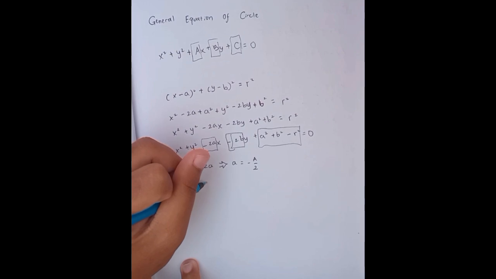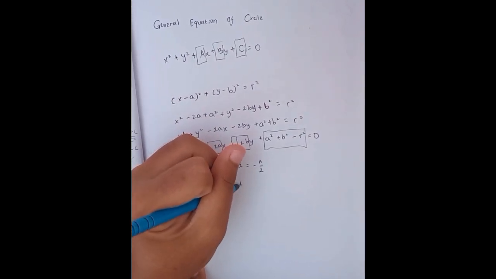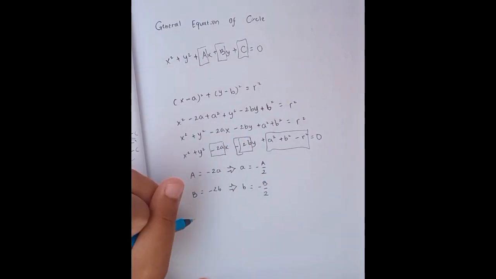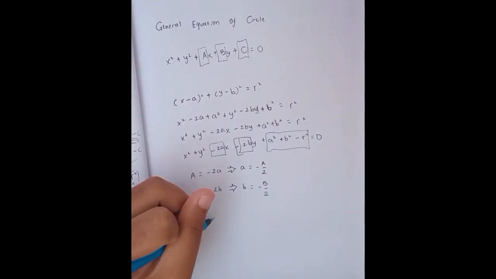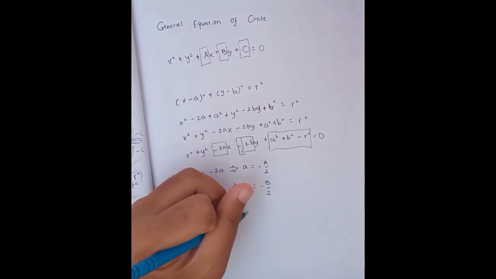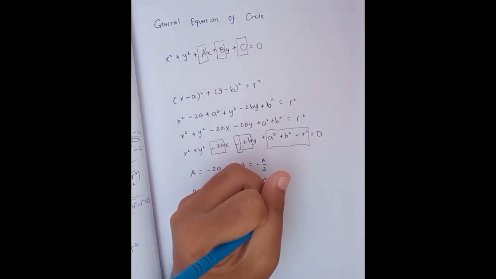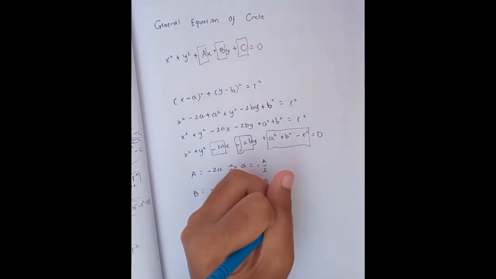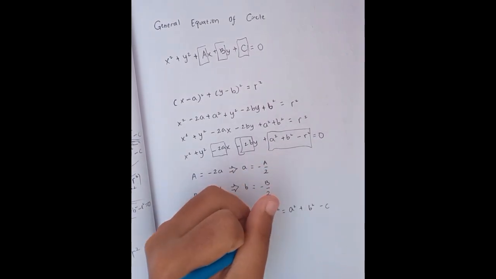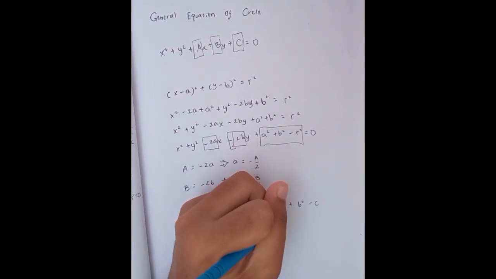So that a equals minus a over 2 and b equals minus b over 2 and r squared equals a squared plus b squared minus c.